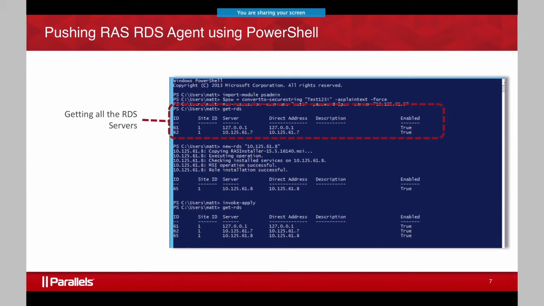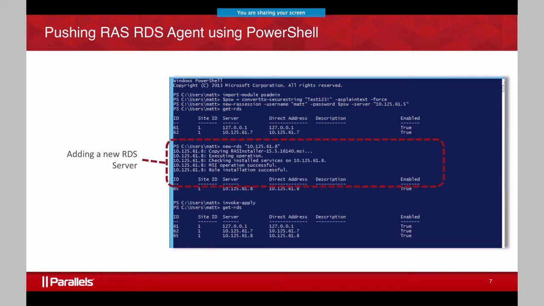We will get the RDS machines that you already have. Then we can add a new server. So when you use the new RDS and you put either a host name or IP address, we'll be pushing the installer, executing the command, making sure the role is installed properly.